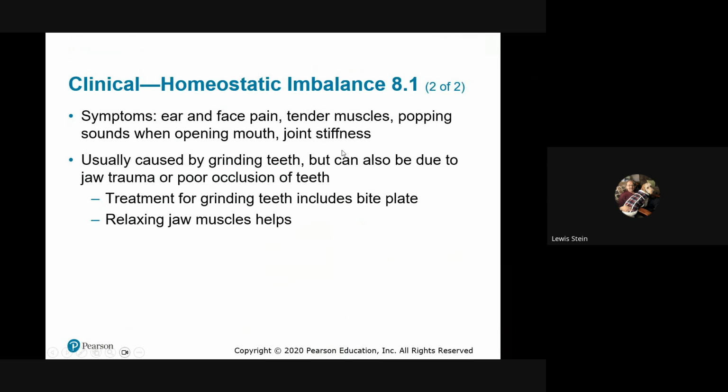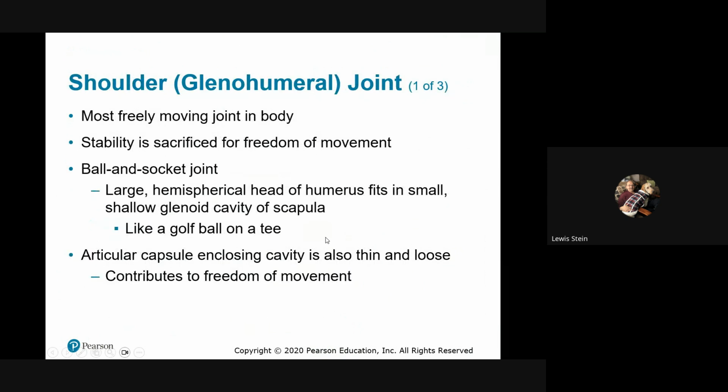So all the symptoms you can become familiar with, all the different sounds that are associated, joint stiffness, etc. Grinding teeth, but it can also be due to jaw trauma or poor occlusion. So bite plates are useful, etc. This is effectively the difference, anatomically speaking.